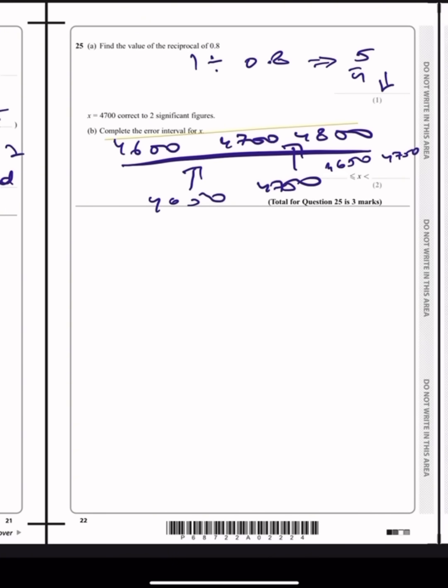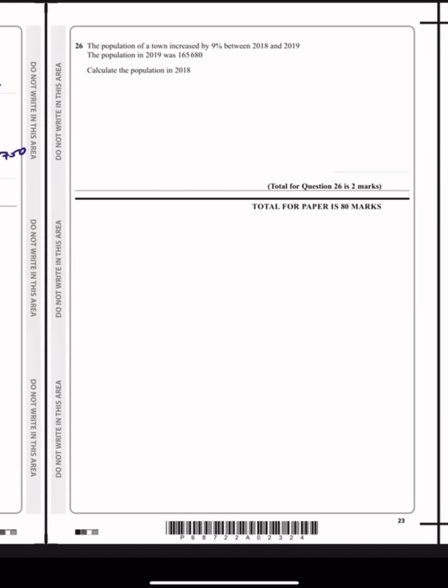The last question is, the population of a town increased by 9% between 2018 and 2019. The population in 2019 was 165,680. Calculate the population in 2018.